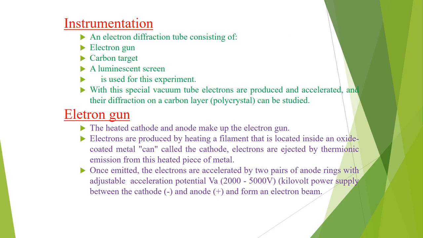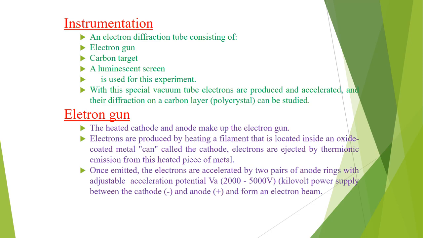So discussing the instrumentation of the electron diffraction technique. An electron diffraction tube consists of an electron gun. It also carries a carbon target and a luminescent screen.